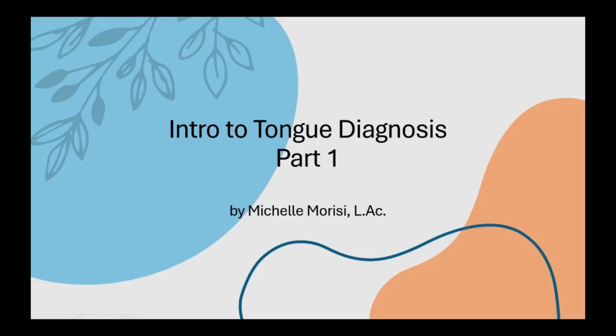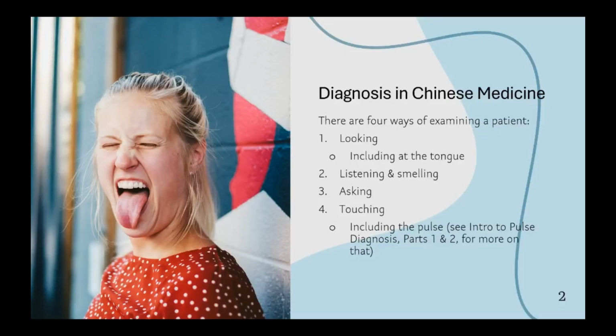So, Intro to Tongue Diagnosis Part 1. Let's get started. If you watched my videos on pulse diagnosis in Chinese medicine, then you may remember there are 4 main ways of examining a patient in Chinese medicine.